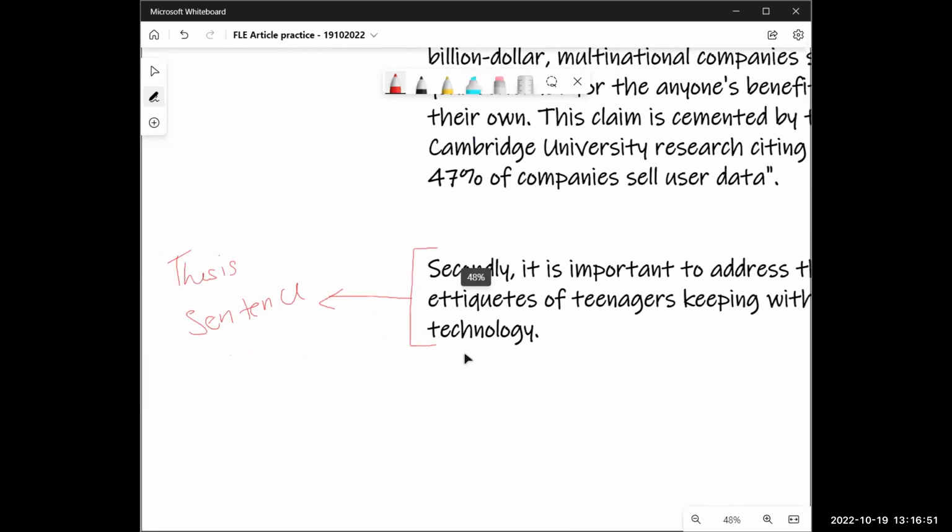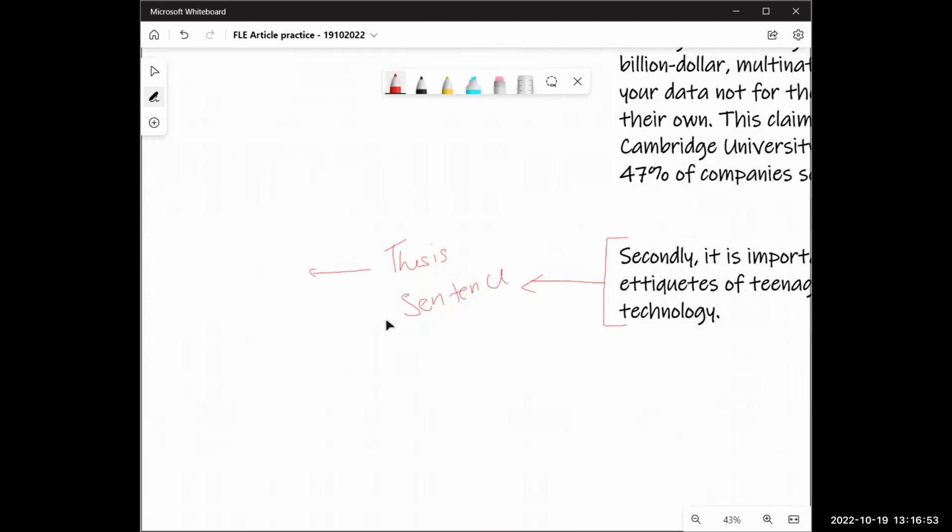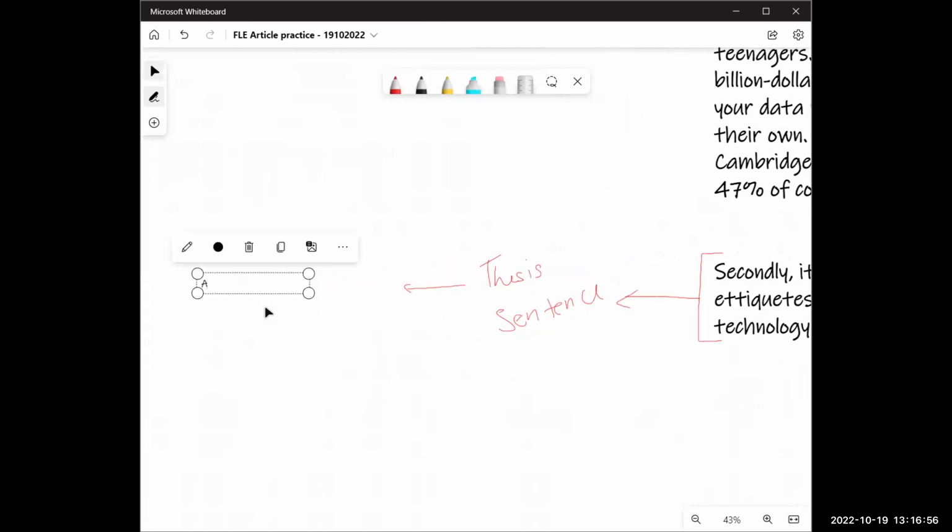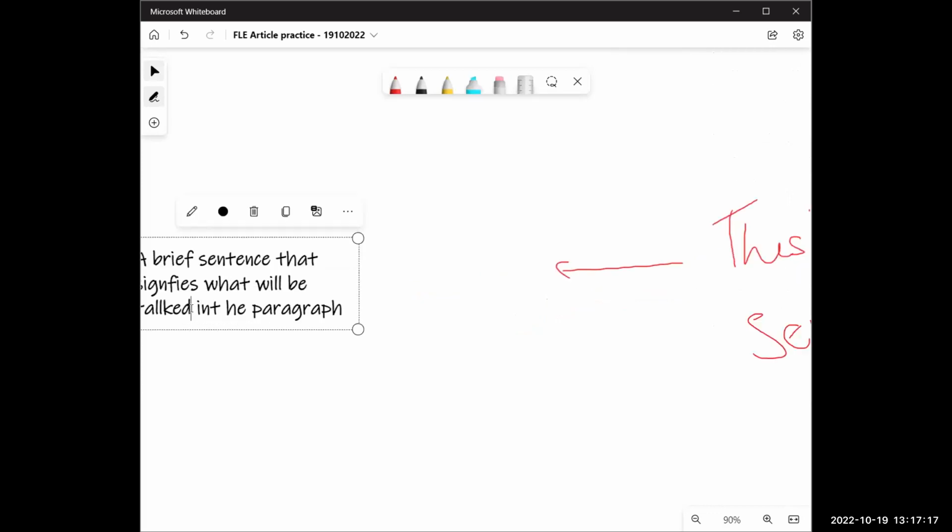Now, write in your notebook: this thesis sentence means a brief sentence that signifies what will be talked about in the paragraph.